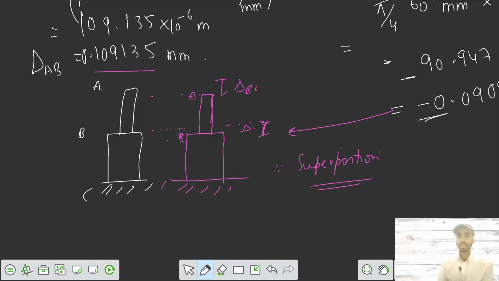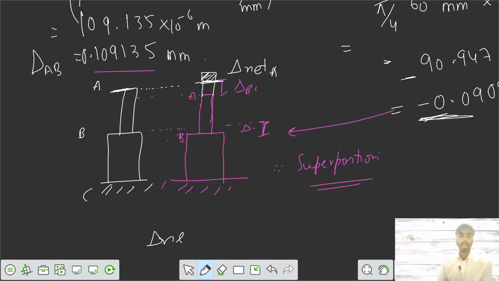So it's more than this part. So A is getting stretched to a point more than this value, more than delta BC. So the net displacement of A from the initial position would be this part, delta net at A.